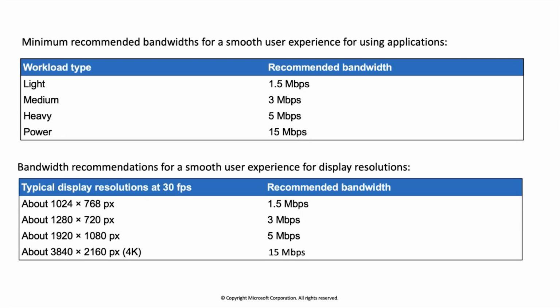It's not from that aspect only, it's also the type of resolution we are using, isn't it? Because quality does matter. When a user is connected to a session, you don't want the display to be distorted. The display should be crisp and clear with a high resolution.